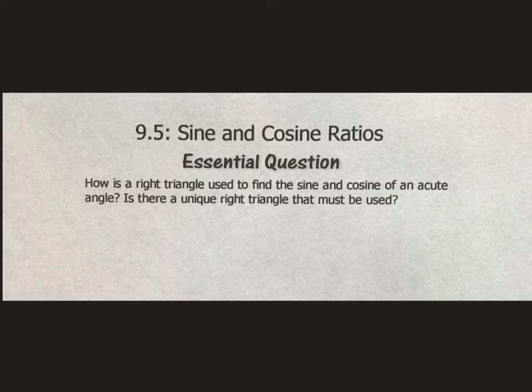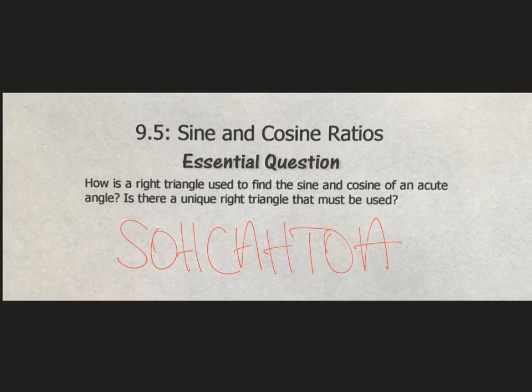Okay, so we are moving on to section 5 of chapter 9, which is very much the same as section 4, only instead of talking just about tangent, we're going to talk about sine and cosine. So if you remember, we had this word SOHCAHTOA that was an acronym for our sine, cosine, and tangent ratios.